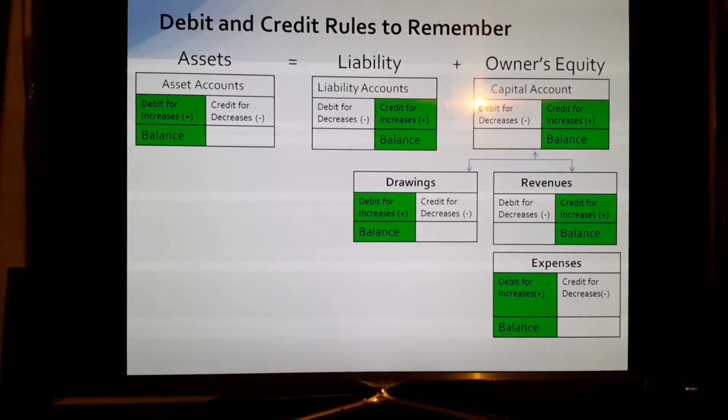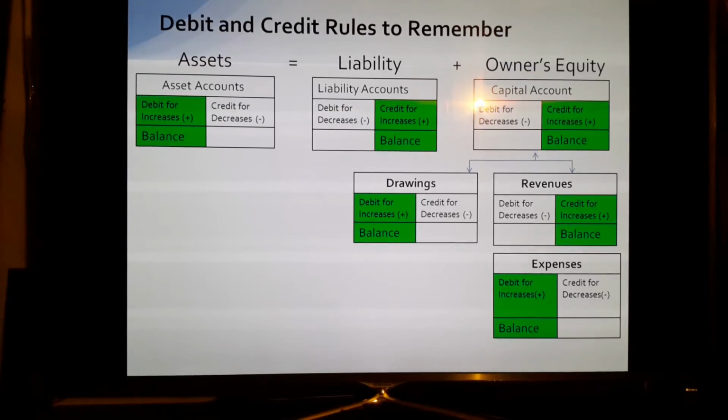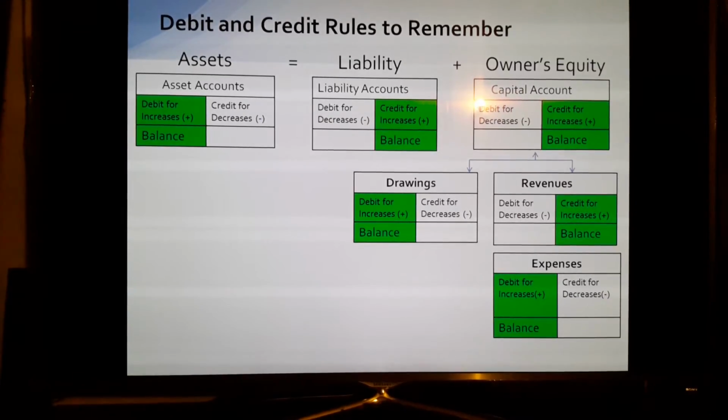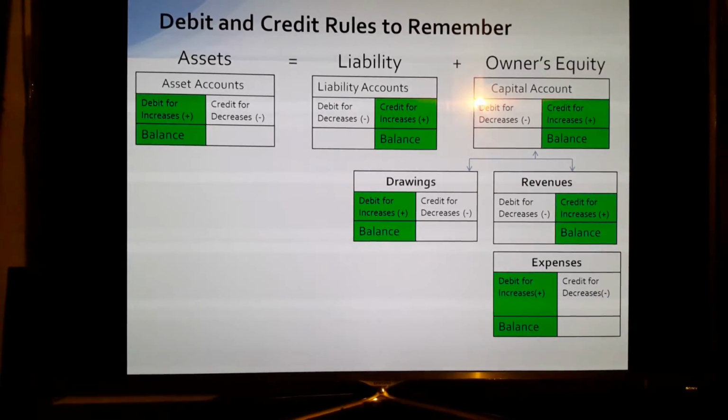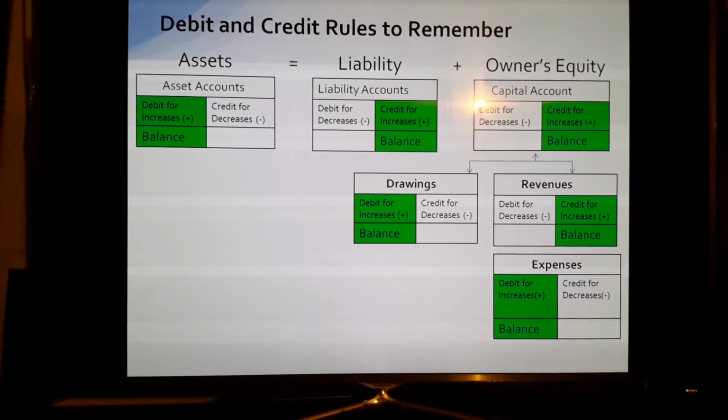Owner's equity, or the capital account, has the same treatment as liabilities. They increase on the right and they decrease on the left. Drawings, like when you withdraw money from your business for personal use, like you paying yourself.